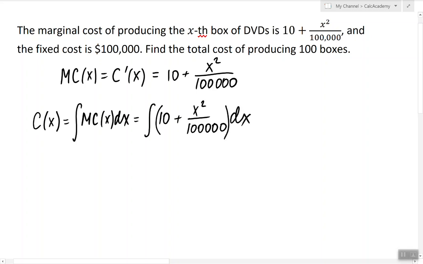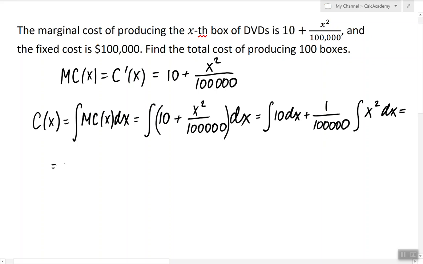Now to find the antiderivative of this function, we're going to use the properties of antiderivatives, and we're going to split this integral into two. And I also factored the constant out to make the integration easier.